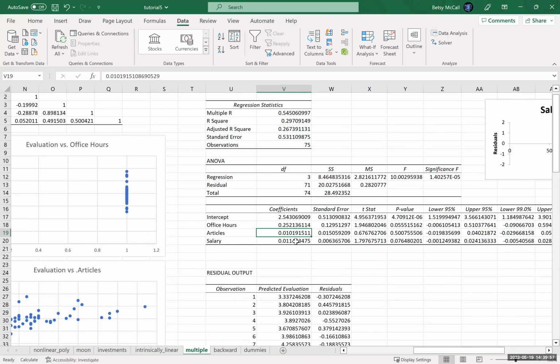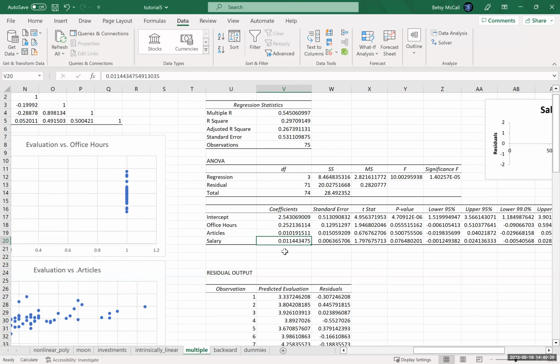And then similarly for salary, as your salary goes up by $1,000 in this case, your evaluation score is not going to go up very much. Even if it goes up by $10,000, which is 10 units on our salary scale, it's only going to go up by 1/10 of a point on your evaluation score.